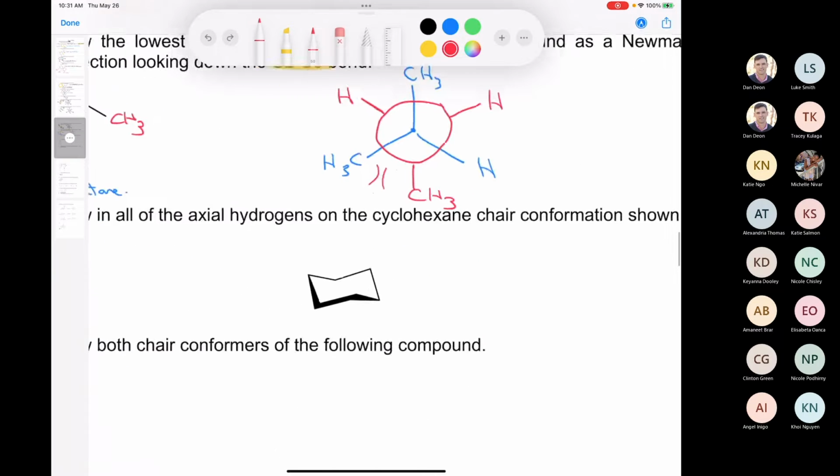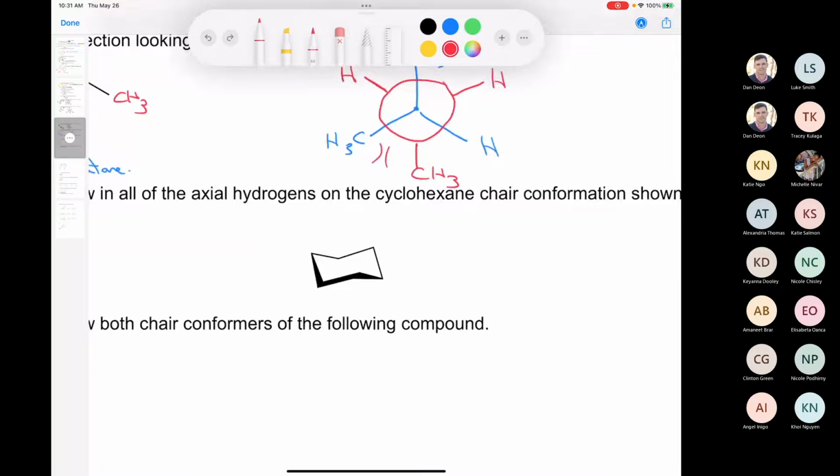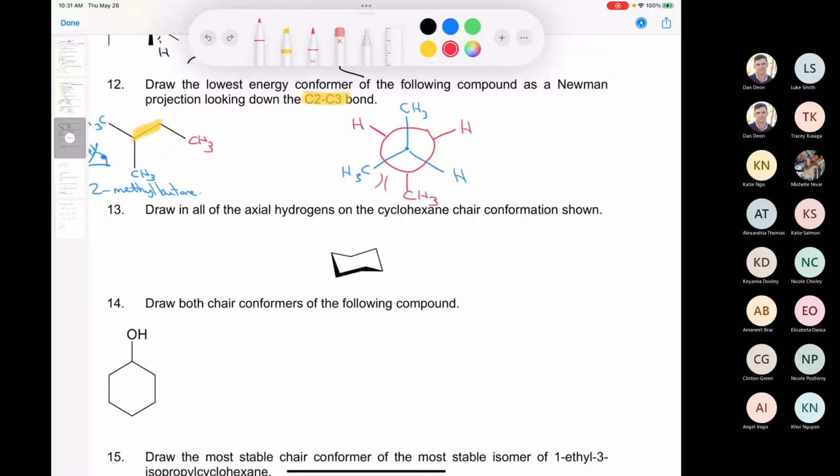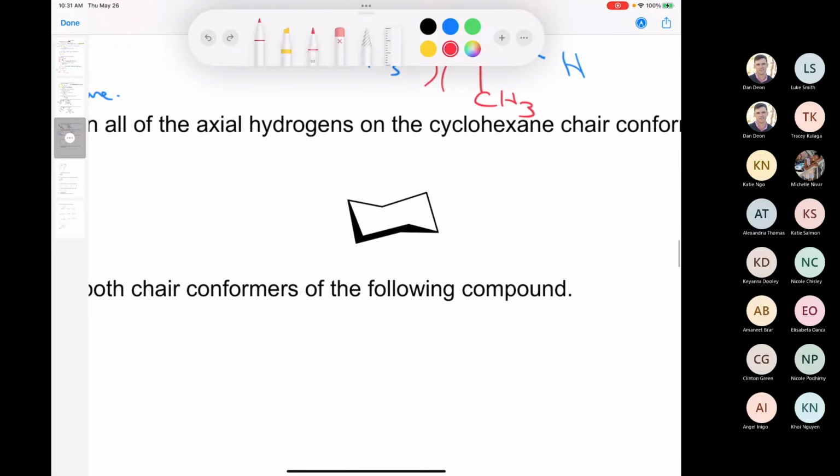Number 13 is nothing more than practicing putting in all the axial hydrogens. It just says put in all the axials. So we should have 3 pointing up and 3 pointing down, right? For the axial positions that are going up, we should have 1 going up here. Then we skip a carbon, 1 going up here, and then 1 going up here.